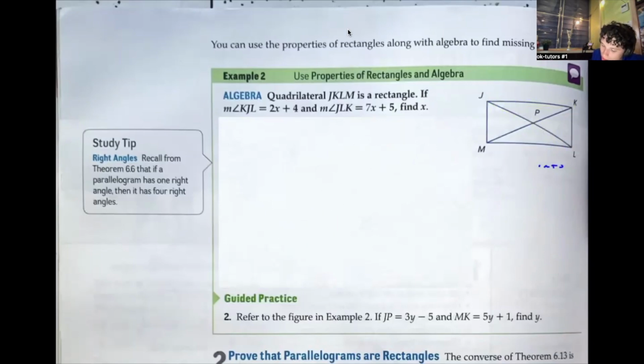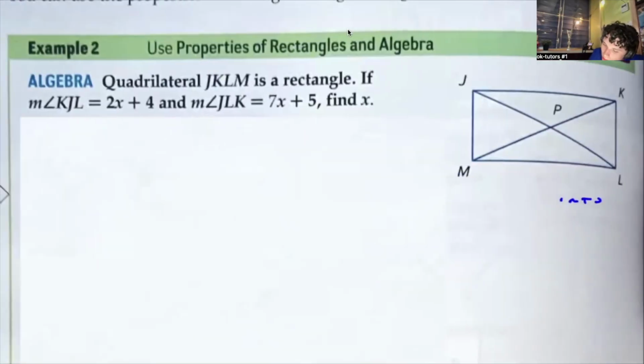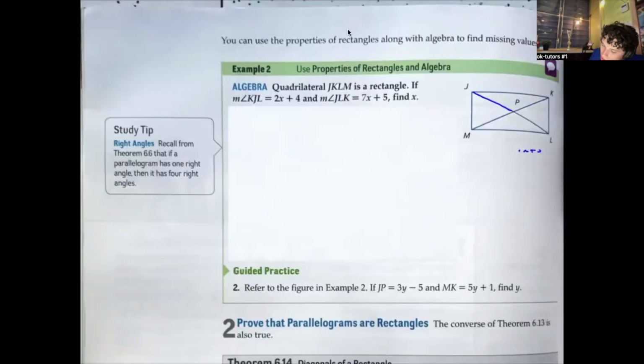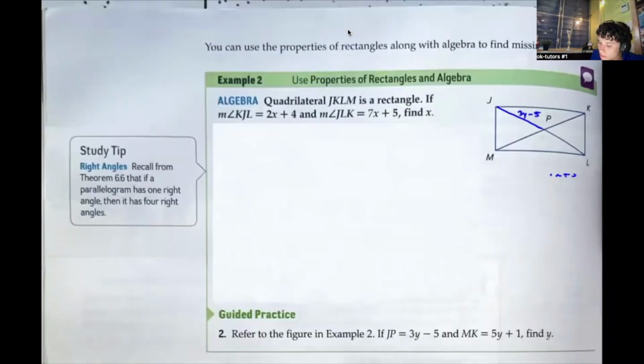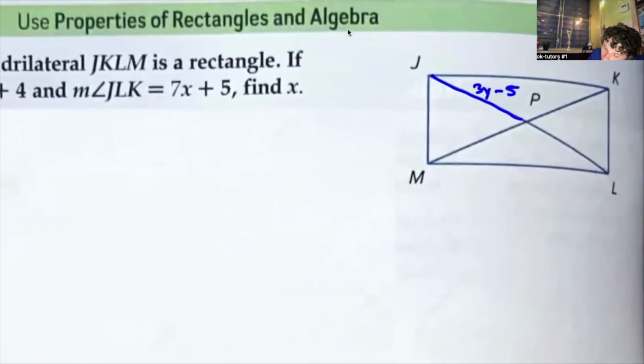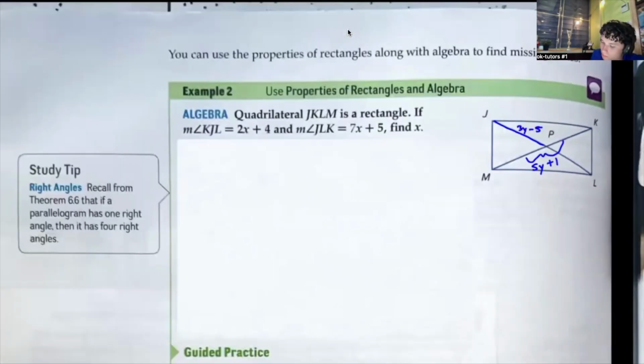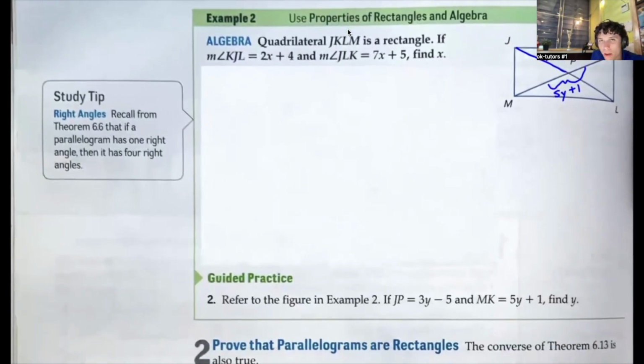Number 2 says, refer to the figure in example 2. If JP, que es de aquí, measures 3y minus 5, and then it says that MK, que es de aquí, measures 5y plus 1, find the value of y.